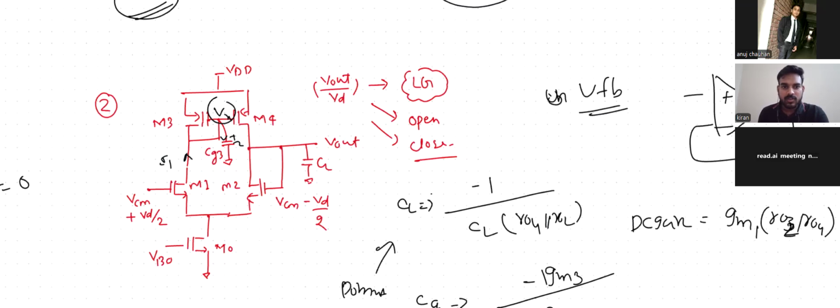If I make that 0, Vx by R is nothing but again... Okay, I got it. Vx by R is 1 by Gm3. So I equal to V by Cg3.